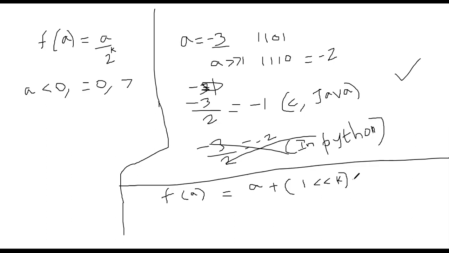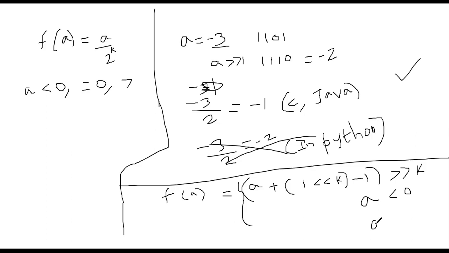Minus 1, this expression is the same as what we synthesized, and then we right shift this by k positions. This is the idea behind division by 2 power k for the scenario when a is less than 0. Otherwise it's enough to just take a and do a right shift by k.